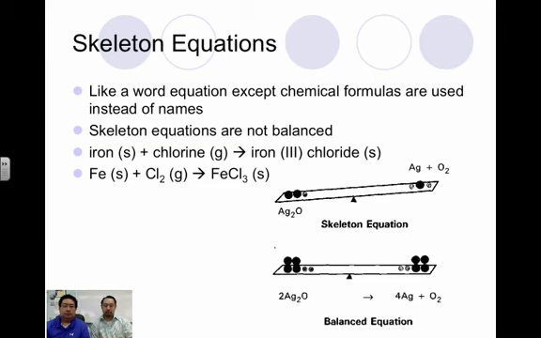So in the example at the bottom, you've got solid iron, gaseous chlorine gas, and then your solid iron chloride at the end. Also notice that this 3 here, we talked about in the previous PowerPoint, represents the +3 charge of iron. That doesn't show up in our chemical formula. Just a quick rundown on that. And again, notice the difference between a skeleton equation, which is not balanced, versus a balanced equation.